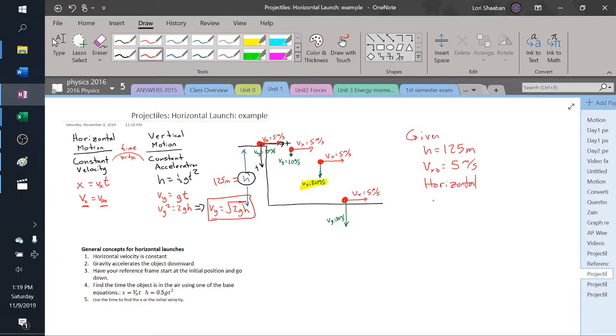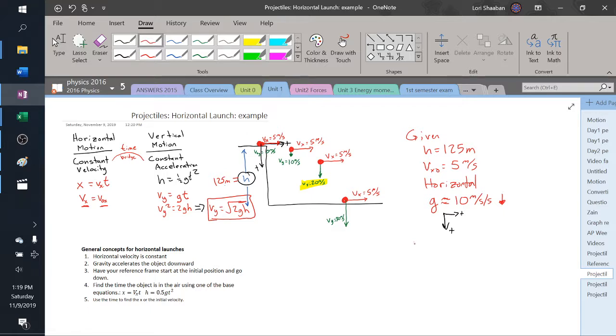Unless otherwise stated, we're on Earth, so gravity is about 10 meters per second squared, acting downward. Since everything is going down and to the right only, we're going to use our reference frame at the origin going down. So down and to the right is positive, as shown on the diagram.